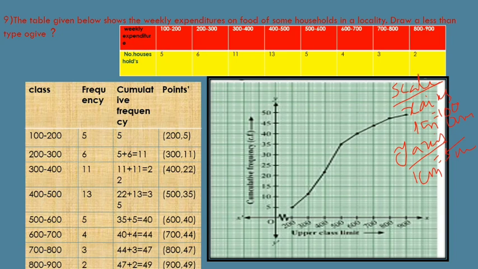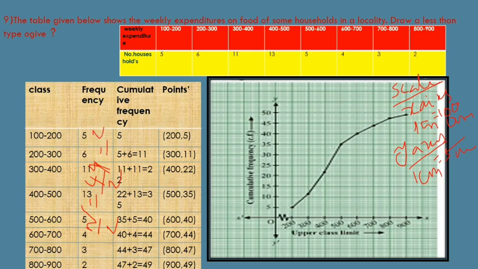The first point is 200, 5, the second point is 300, 11, and so on. All the points are located on the graph paper, and with free hand I joined them.